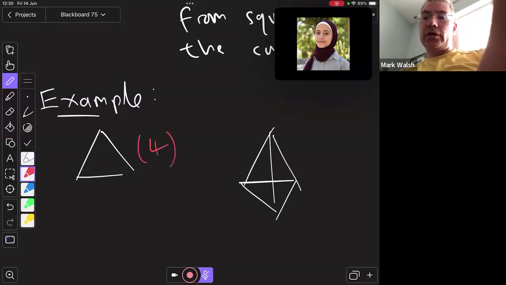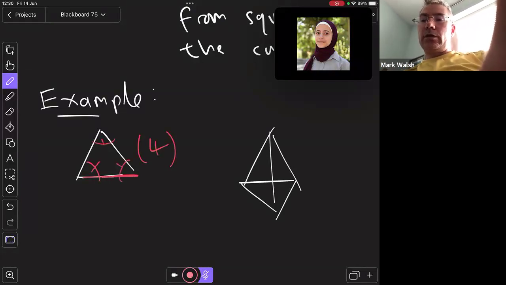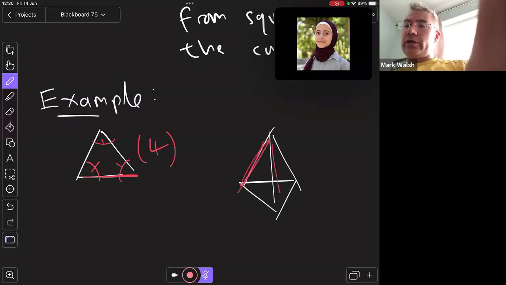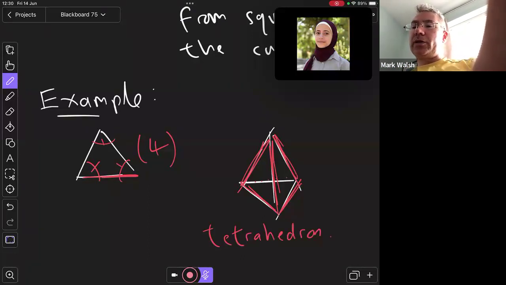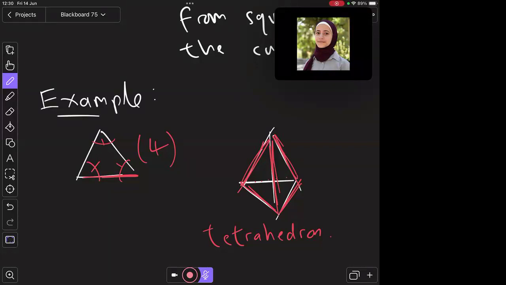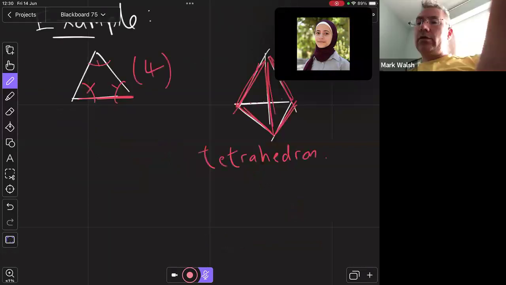These are equilateral triangles, remember, okay? So all of these angles are the same. And so you put 4 of them together like that. That's the back. And you build this tetrahedron. Does everyone understand my picture? Yes. Great, okay. What else can I build from a triangle?